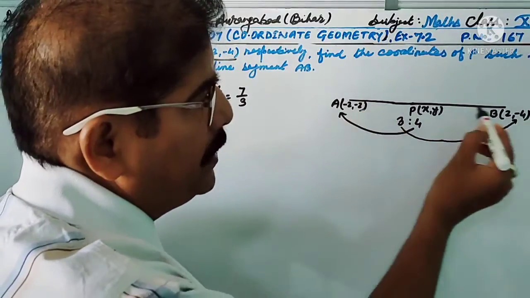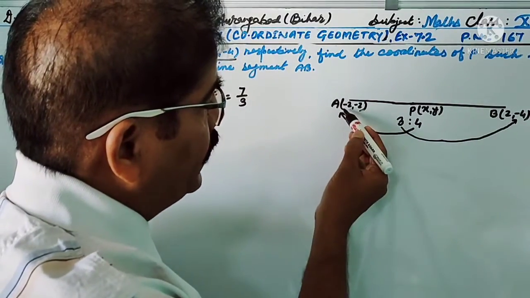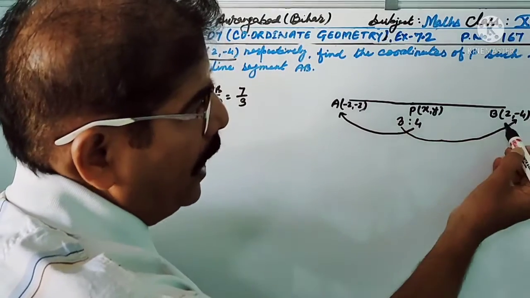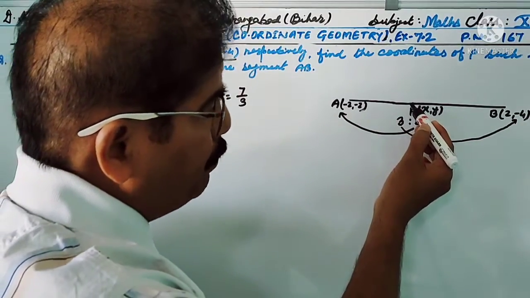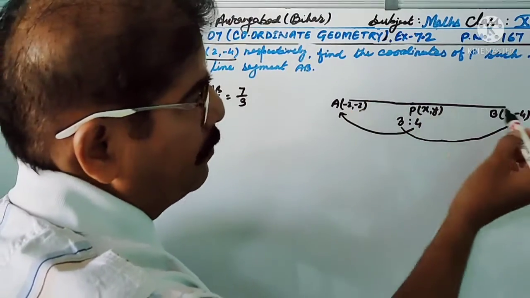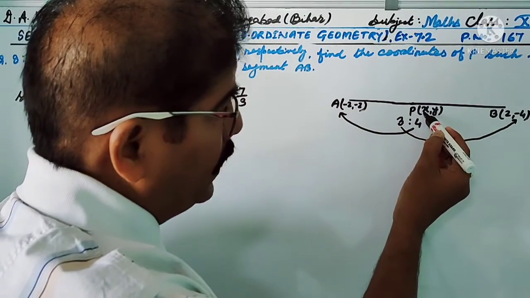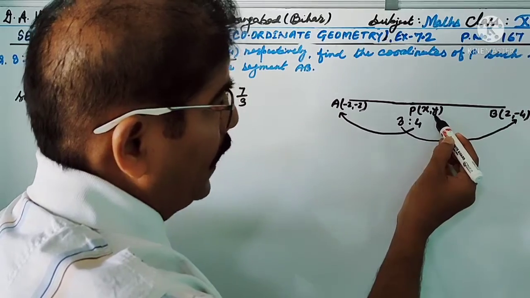Dear students, AB is a line segment whose coordinates are A (-2, -2) and B (2, -4). A point P (x, y) divides the line segment.